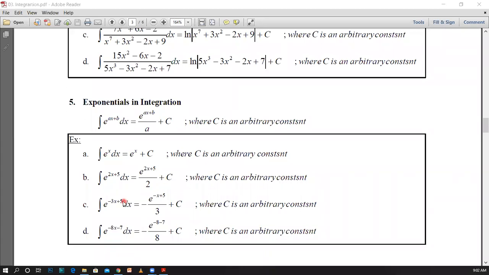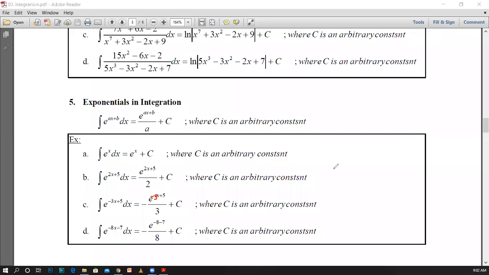In the third example, it is the integral of e to the power minus 3x plus 5 dx. First of all, you have to write down e to the power minus 3x plus 5, and this has to be divided by minus 3. Since it needs to be divided by minus 3, I have taken the minus out of the calculation, and then we just remain with the value 3.